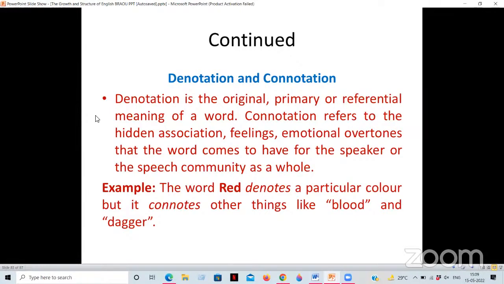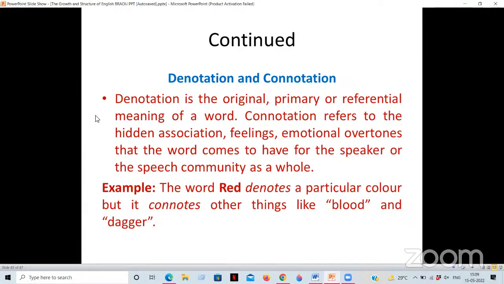On the other hand, connotation is the deeper meaning. It could be related to someone's feelings, emotions, overtones, his culture, and societal influence as well. Similarly here, if you take the example of red, that can also connote blood and danger in some cultures, in someone's mind.